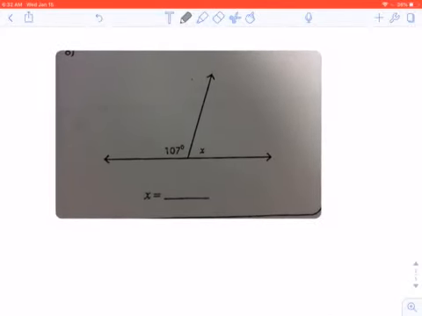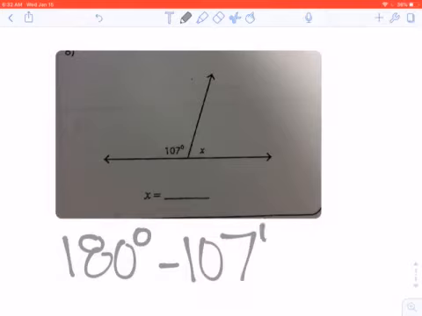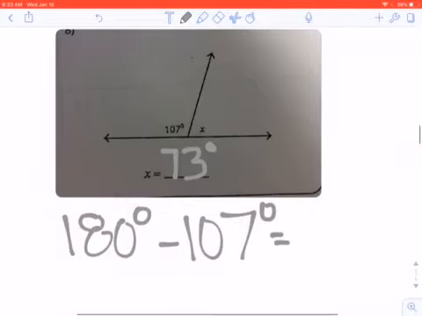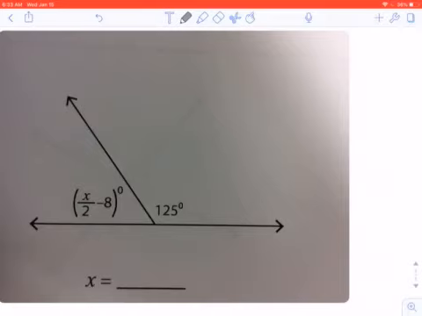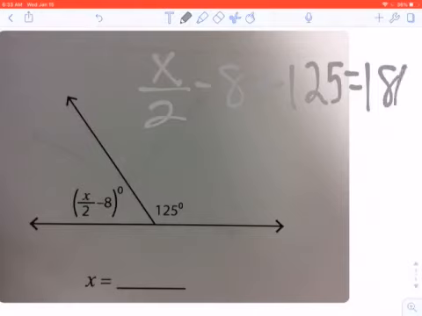All right, let's take a look at a supplementary pair. Remember, these equal 180 degrees. So 107 degrees subtracted from 180 gives us 73 degrees. Okay, now we're going to apply that with some more variables. We're going to look at an equation, and this equation is going to be both the angles added together, and has to equal 180 degrees this time.